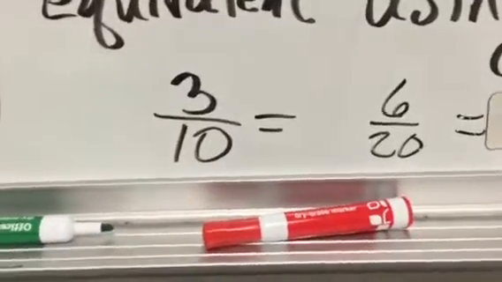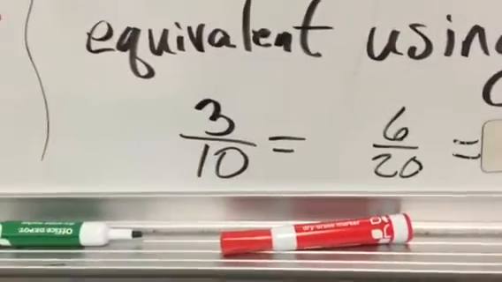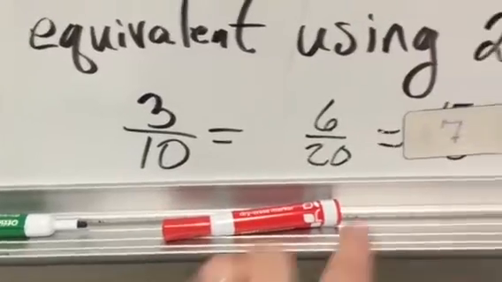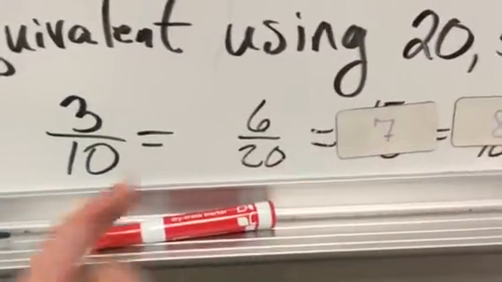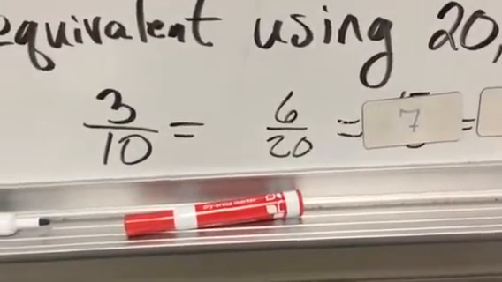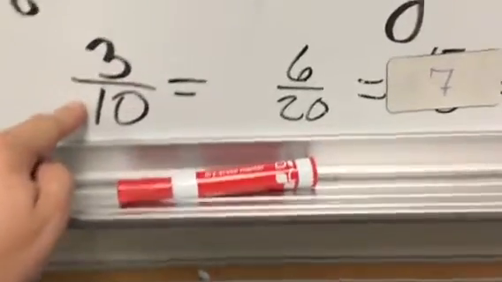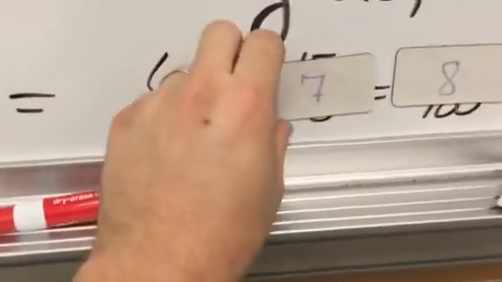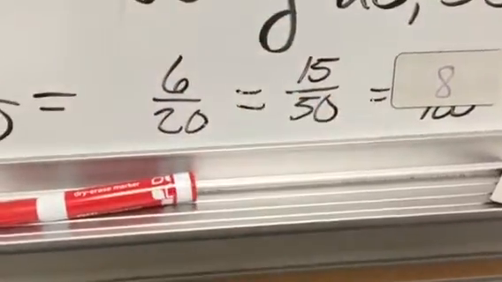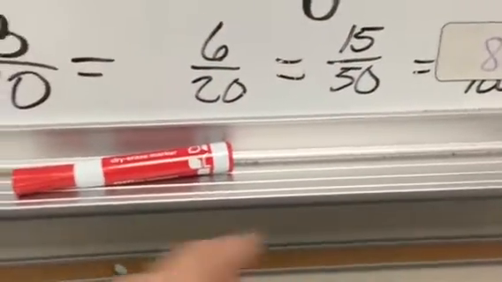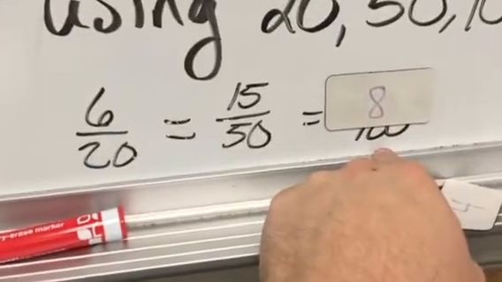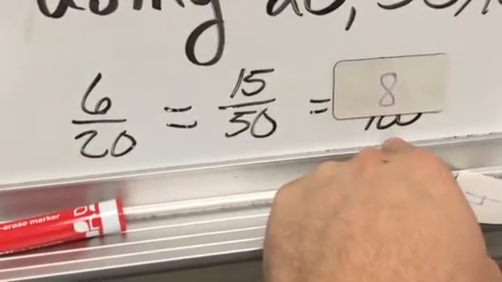Now would be a good time, if you haven't already, to pause it and try to do this on your own. So we know that this next one's going to be 50. Pause it, see what you can do. Right. You multiplied this by 5 to get 50. So you multiply the top by 5 and you get 15. This next one's going to be 100. Pause it again, see if you can figure it out.